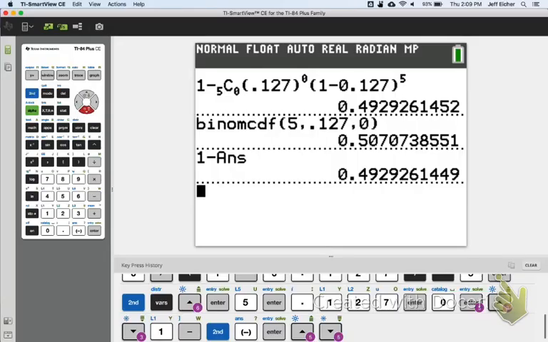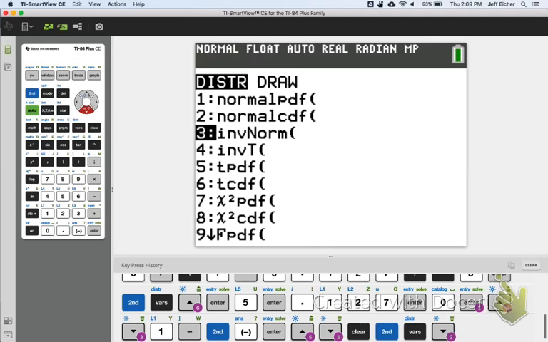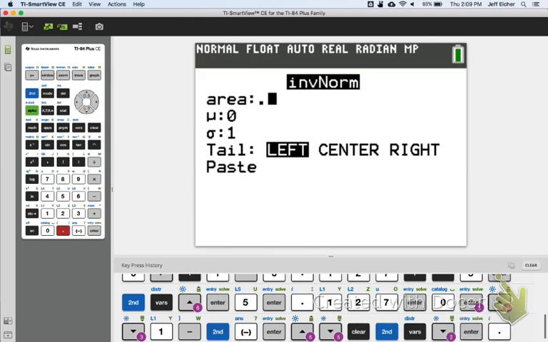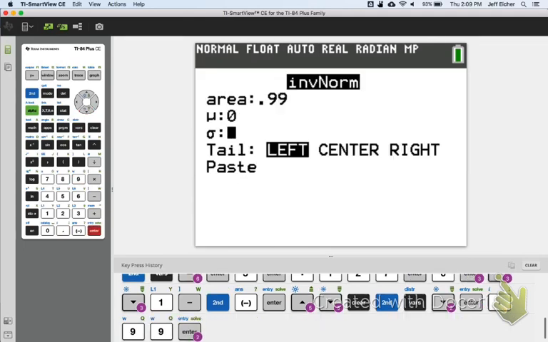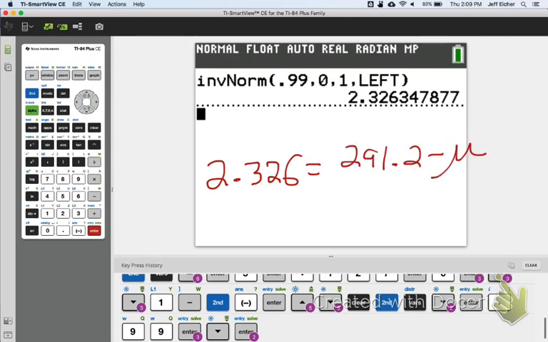On the calculator, we need to do inverse norm, second vars, number 3, inverse norm of 0.99, and it's the tail on the left. I got a fancy calculator now. So that's our z-score: 2.326 equals our boundary 291.2 minus the mean, all over the standard deviation, which was 2.8.